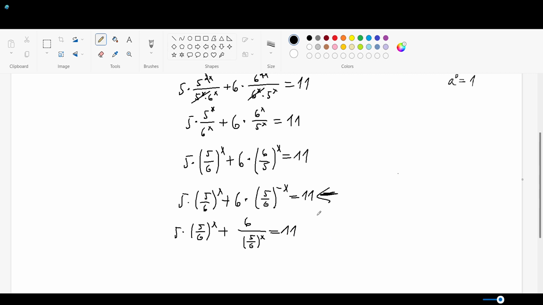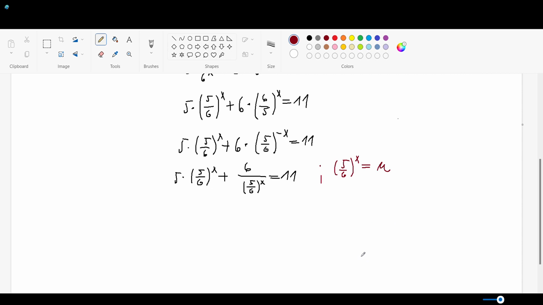Because this part of the second term can be transferred to the denominator with the positive exponent of x, and now probably you can already see that there comes the substitution, which says that (5 over 6) to the power of x can be our new unknown. In this case, let's call it u again.